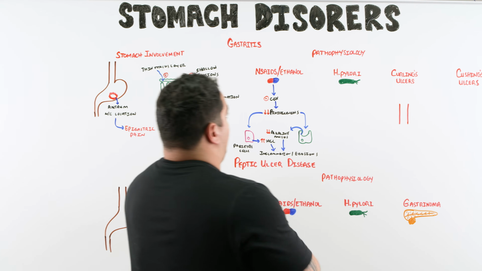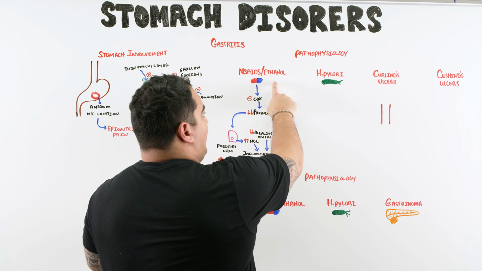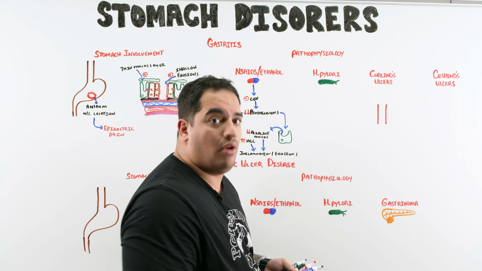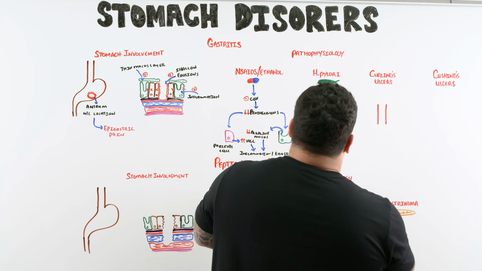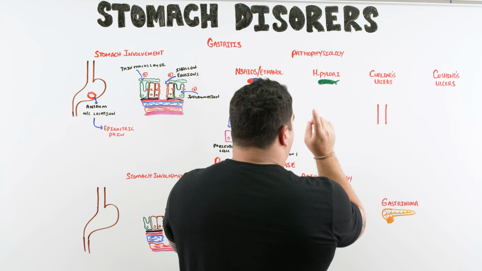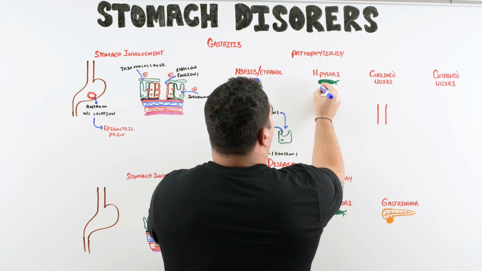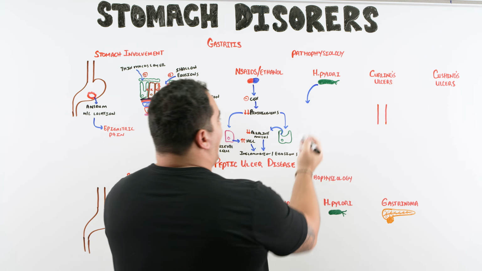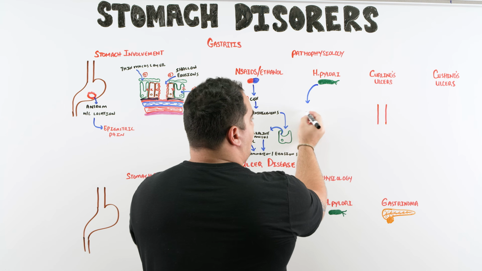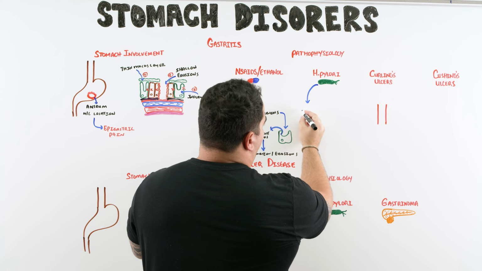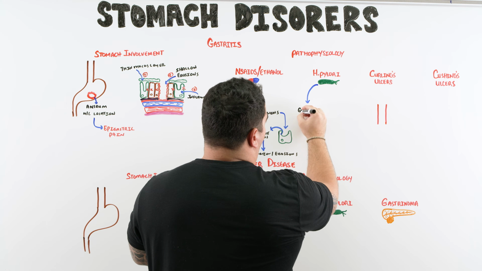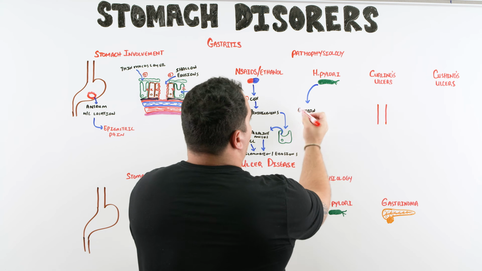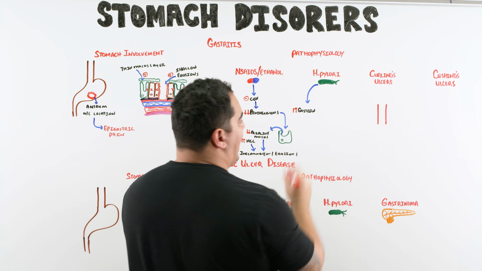Another one is a really, really big one. This is more of an acute cause. It can lead to more chronic gastritis, but this one's a really big one that can also be found in acute and chronic gastritis. H. pylori is a bacteria, and this has 2 interesting effects. One is the bacteria, through some mechanism, we don't really know how, can increase the production of gastrin by specific cells, enteroendocrine cells.